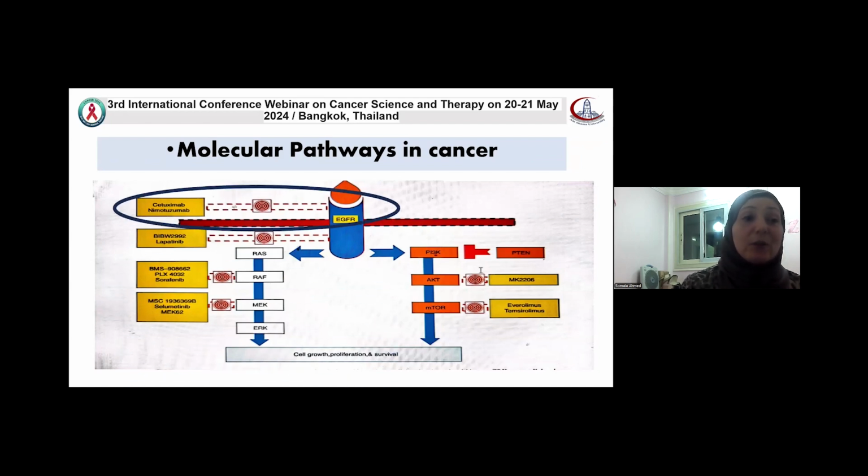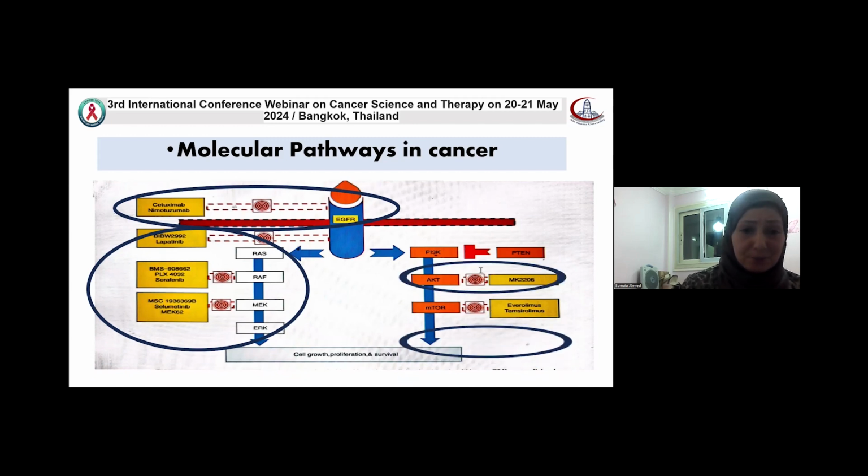For example, for EGFR, we know that we have cetuximab, which can target EGFR. For the RAS, RAF-MEK kinase pathway, we have many inhibitors, for example, selumetinib as a MEK inhibitor. And for the AKT-mTOR pathway, we also have many inhibitors now in use, such as everolimus, which can be used as an mTOR inhibitor.